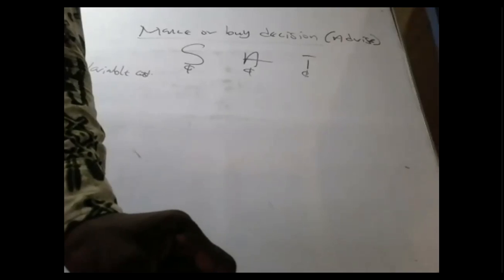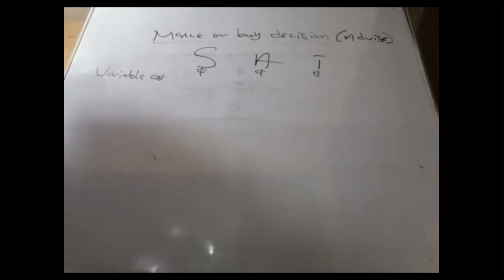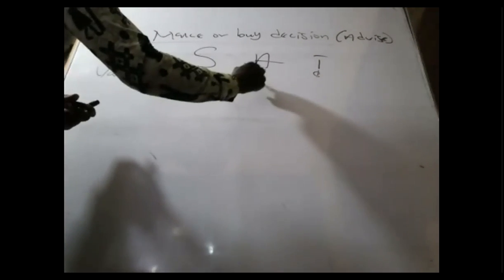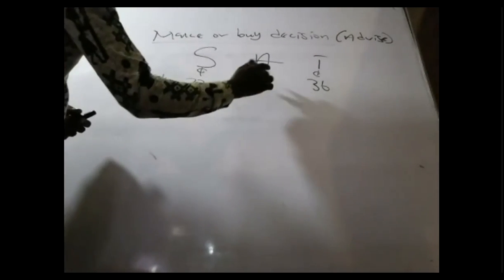The variable cost of production is 20, 30, and 36, and 24. Then the buy-in price. What is the buy-in price? That's the amount that the subcontractor charges.